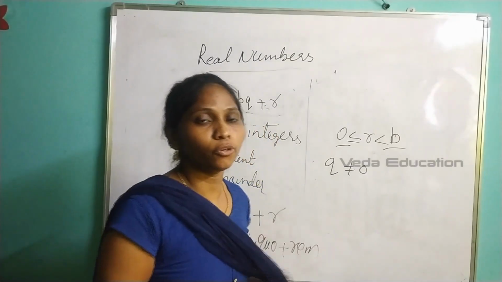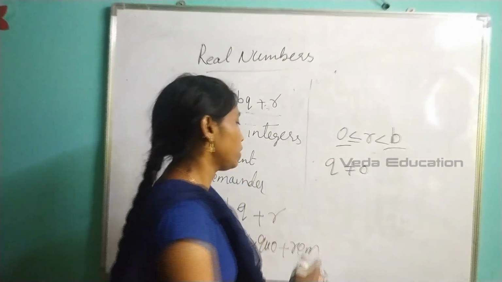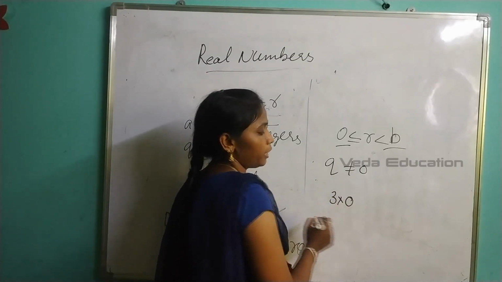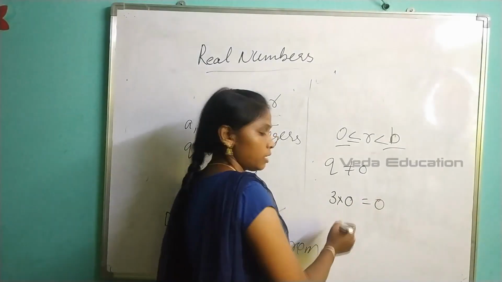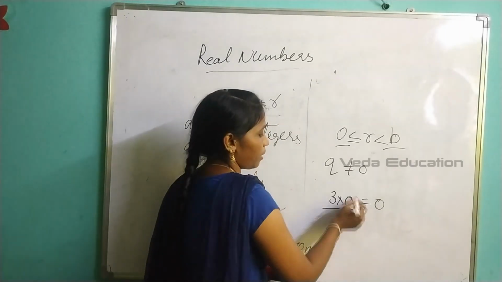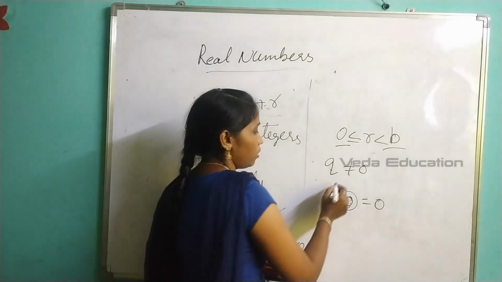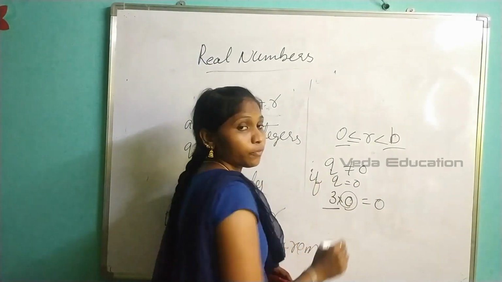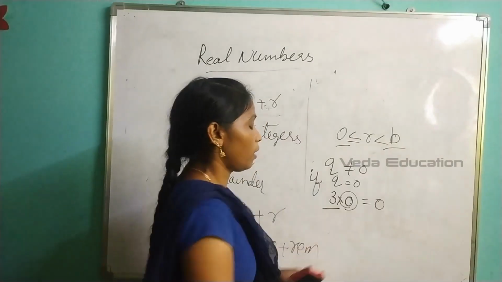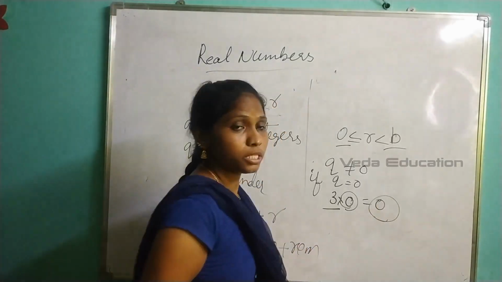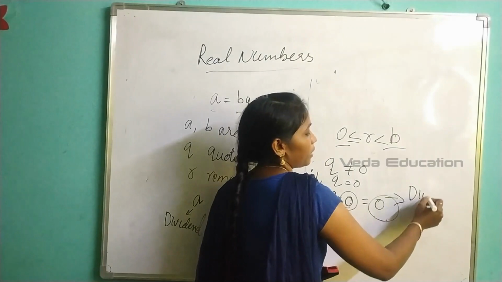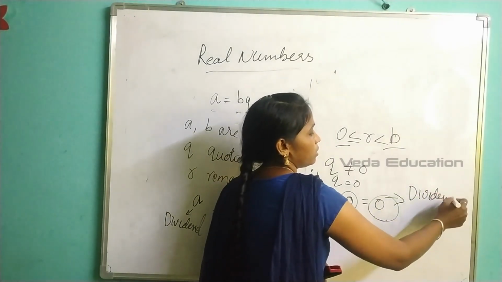What will happen if the Q value is equal to 0? Our quotient is 0. We have some divisor, and we are multiplying it by the quotient value 0. If the Q value is 0, this completely becomes 0, which means our dividend becomes 0.